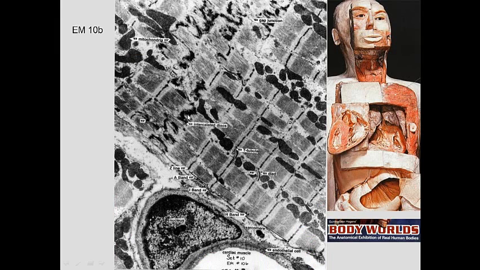So this is the intercalated disc at the electron microscopic level. It is striated muscle, so we have an A band and an I band, just like before, and the sarcomere is from one Z disc to another Z disc.